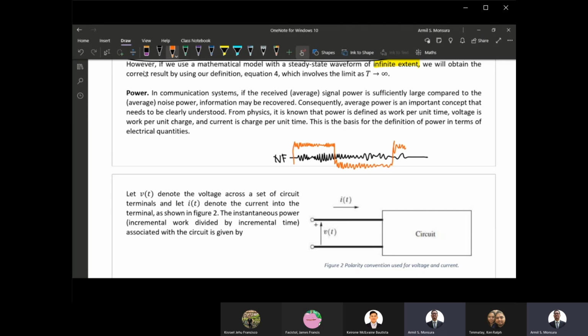So, if this is the received signal level and it is above the noise floor, the level of noise, this means power, present at the receiver side, then your information may be recovered.